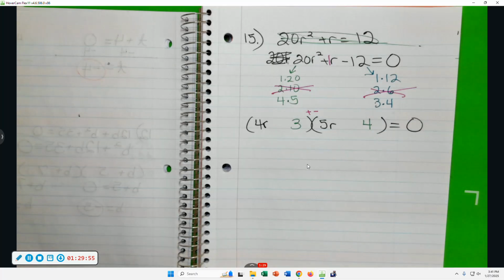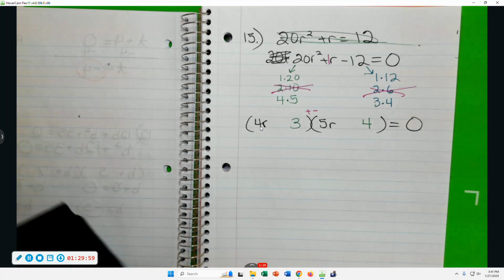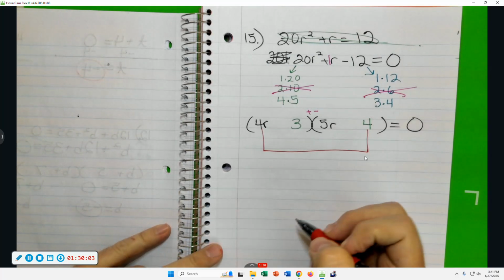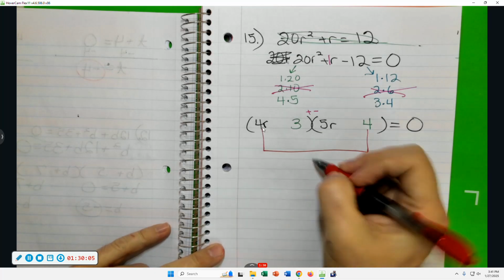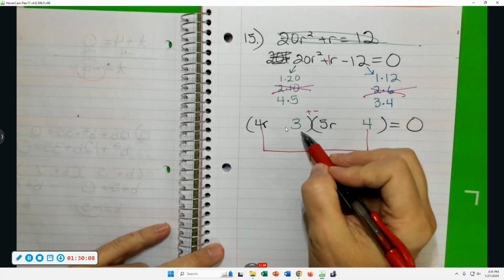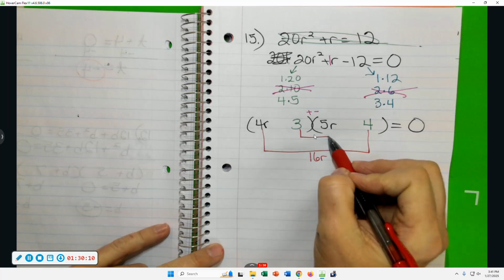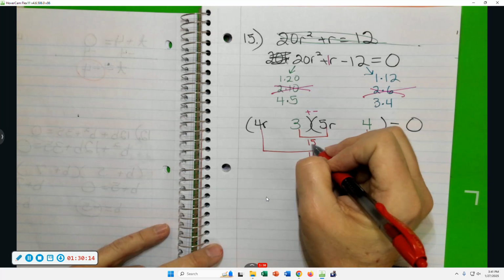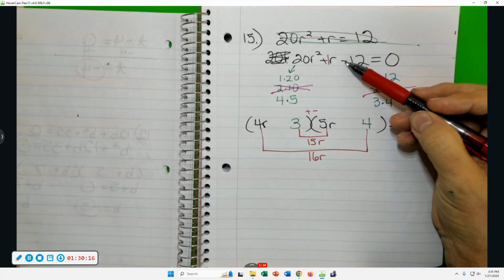Let's check the outer and the inner. Let's check the outer product first. 4R times 4. What's that going to give us? 16R. What's this inner product? 3 times 5R. 15R. That last sign is a minus.